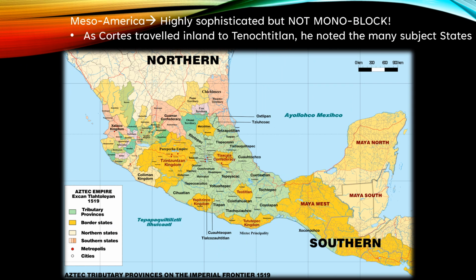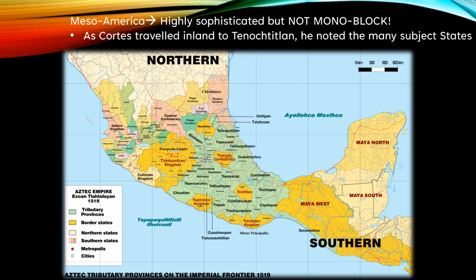So here I'm presenting you with a modern map of what's going on in Mesoamerica. That is to say, pre-Columbian, before the Age of Discovery, what's going on in Mesoamerica, the Aztec Empire. You can see that there's all sorts of smaller kingdoms, and some of these are tributary states. That is to say that the Aztecs are governing them, and they have to pay taxes to the Aztecs.